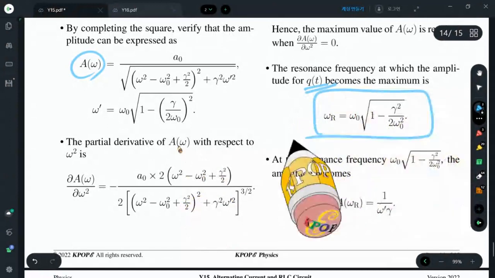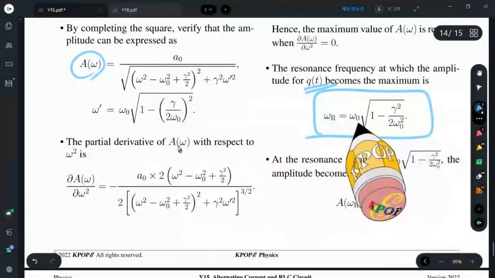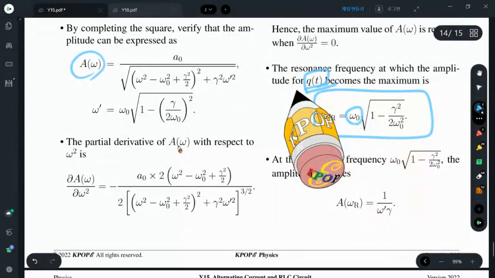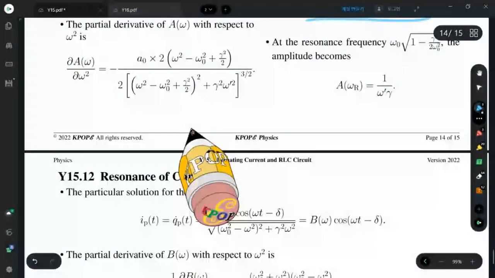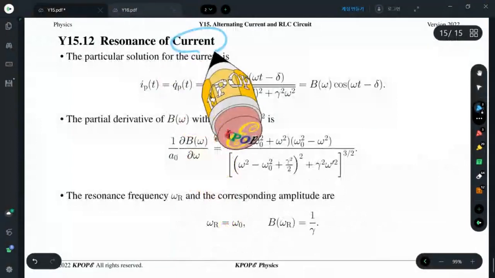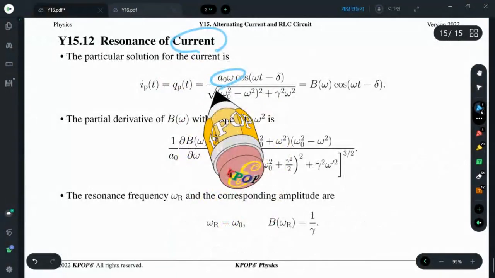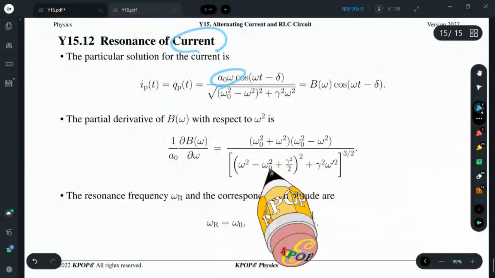Resonance appears slightly below the characteristic frequency if we consider Q, but if you consider the amplitude for the current, we have an additional factor omega in the numerator.